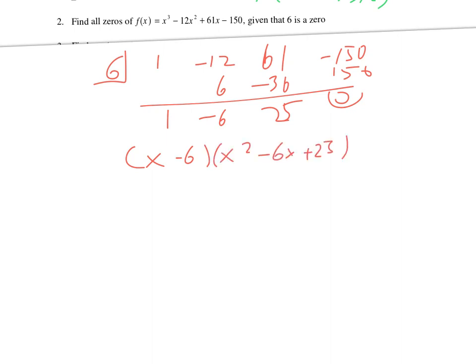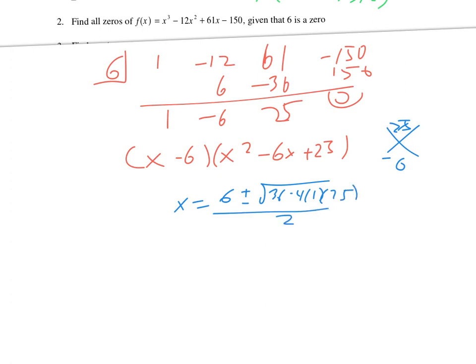And then I can try to factor that multiplying to 25 and adding to -6, but it doesn't work, so I'm going to use the quadratic formula. So 6 plus or minus the square root of 36 minus 4 times 1 times 25, and then that's all over 2. So this will be 6 plus or minus the square root of 36 minus 100, which would be -64.